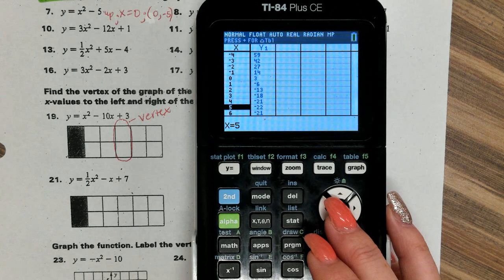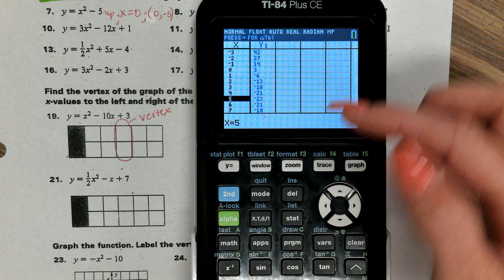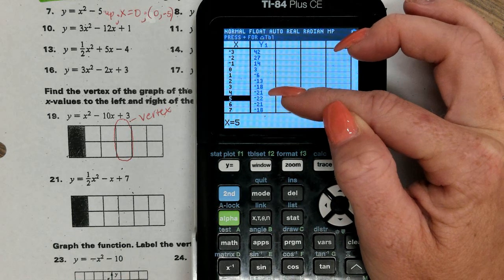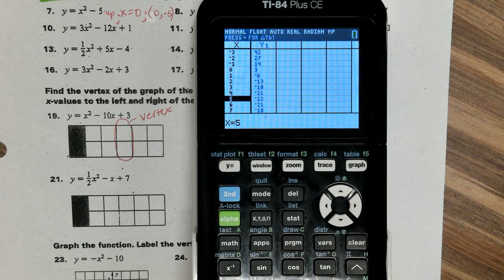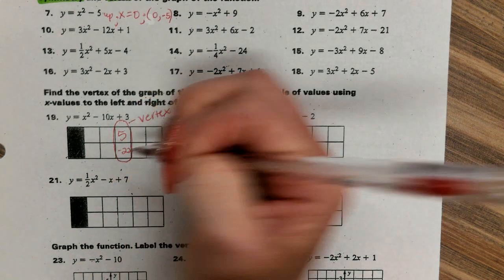Did y'all find it? Does everybody agree that right here it starts to repeat itself? So negative 21, and then right here is negative 21. Then negative 18, then negative 18. So 5, negative 22 goes here, because that's my vertex.